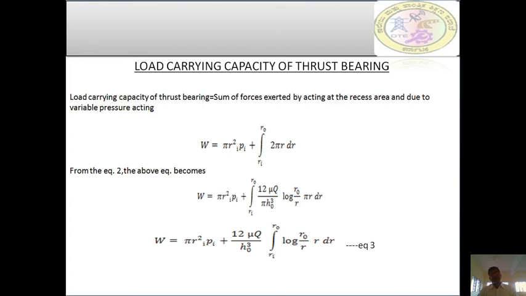In the next step, you take 12 mu q divided by pi h naught q outside, and the log r naught pi gets cancelled in the above equation, and what remains is log r naught by r into dr.